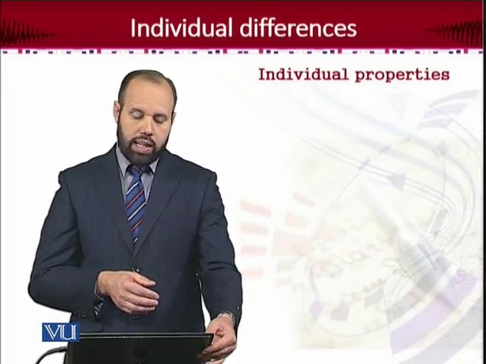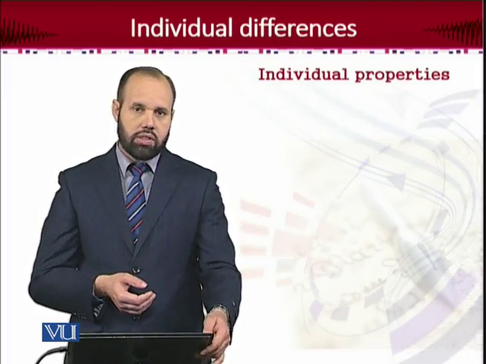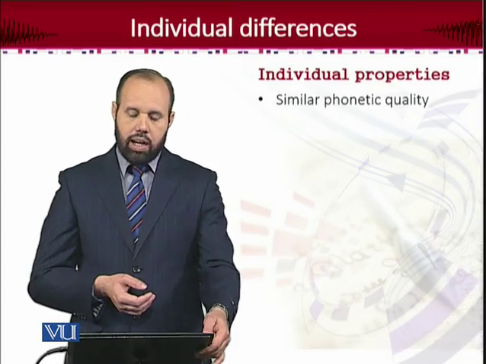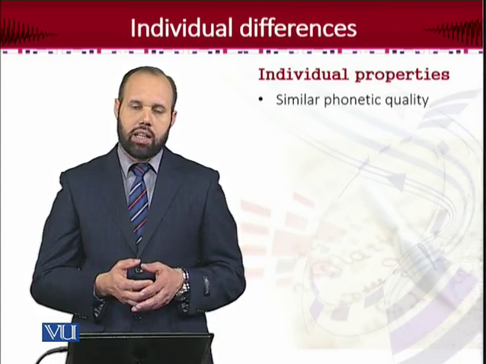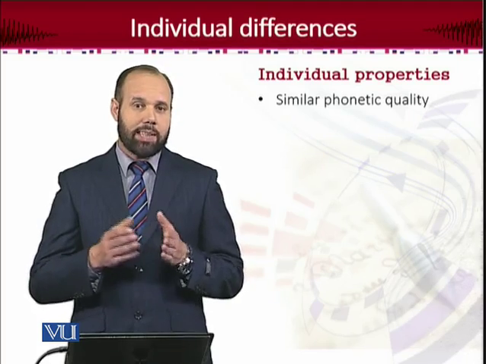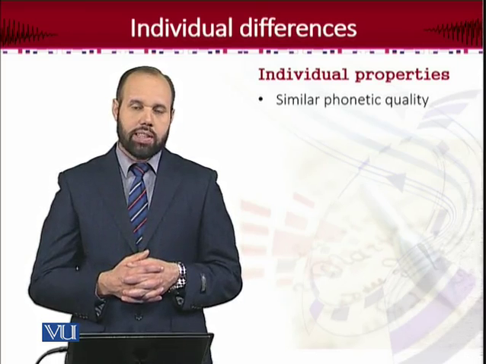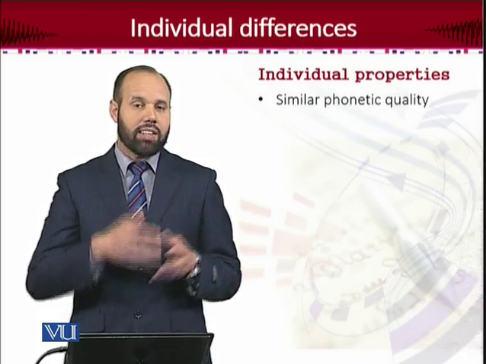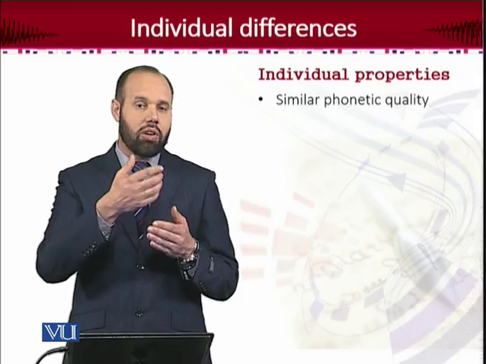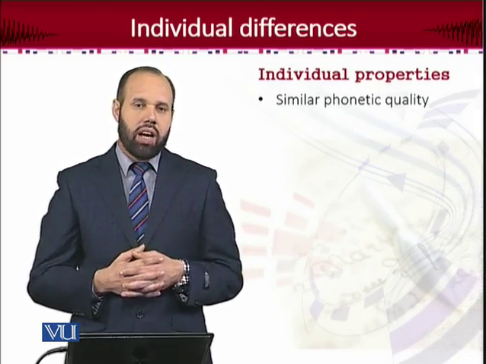And then in order to analyze individual properties, individual features, we can focus on some of the features from spectrograms, right? A particular individual would always speak in quite a similar manner, right? In a very general notion, this means that the person would use similar phonetic quality because the articulators inside the vocal tract and also the size of the vocal folds would remain similar.